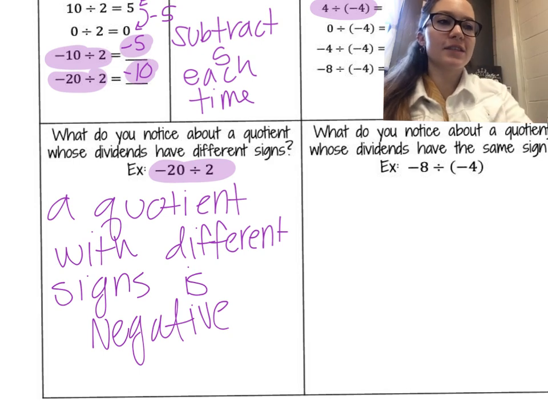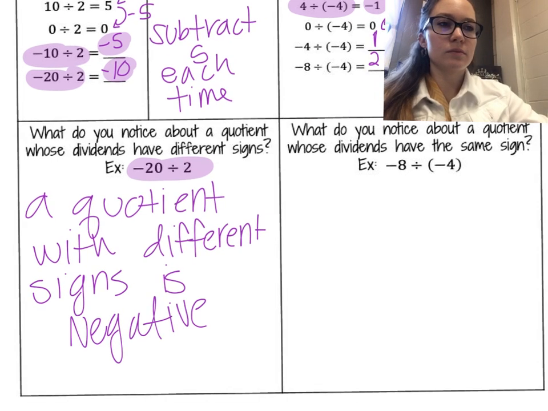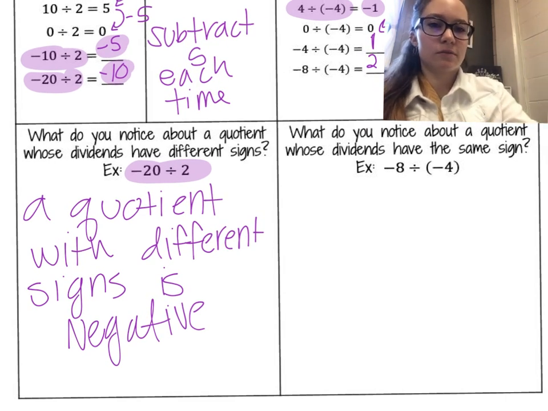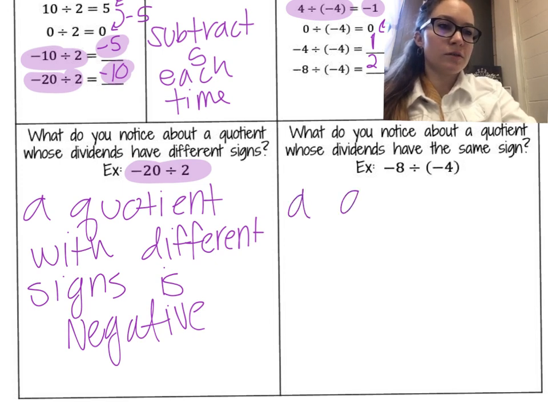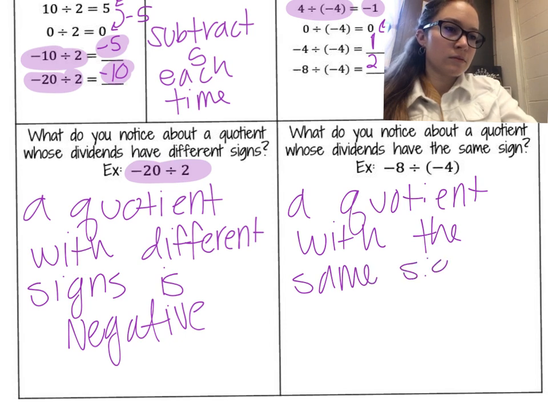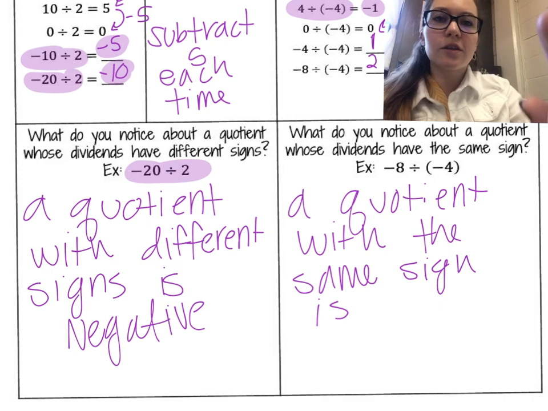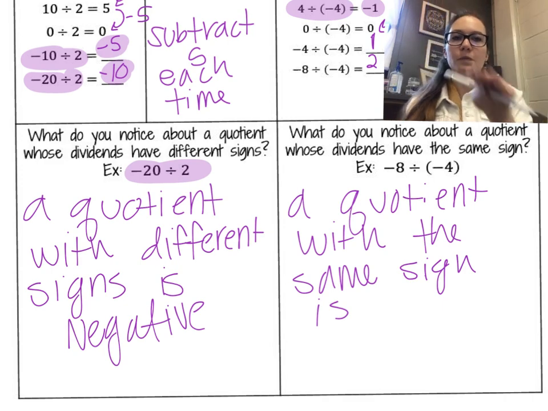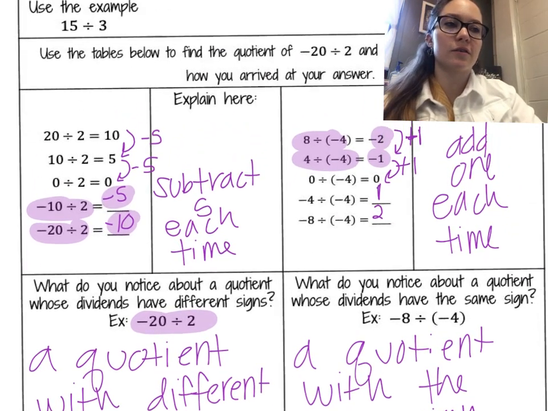What about if they have the same sign? So what do you notice? Well, a quotient with the same sign is, let's go ahead and look. So we're looking for either both positive or both negative.